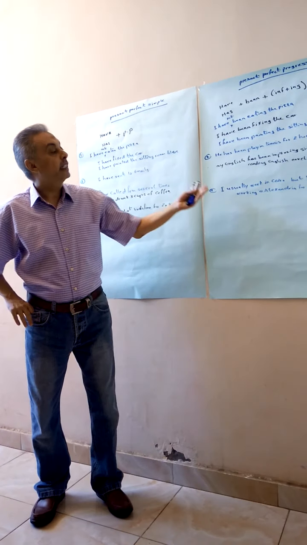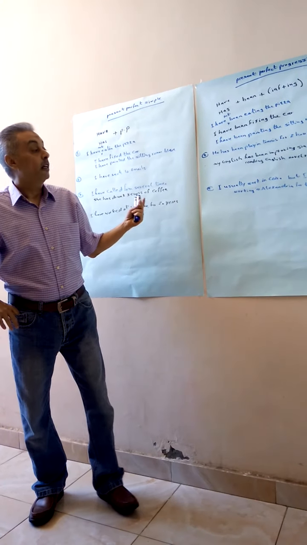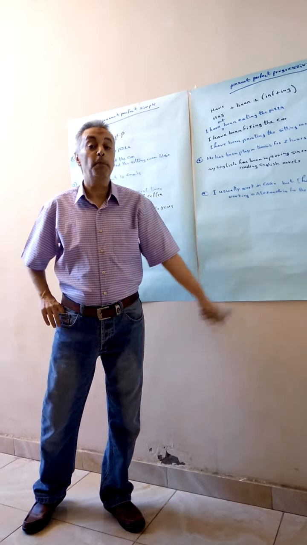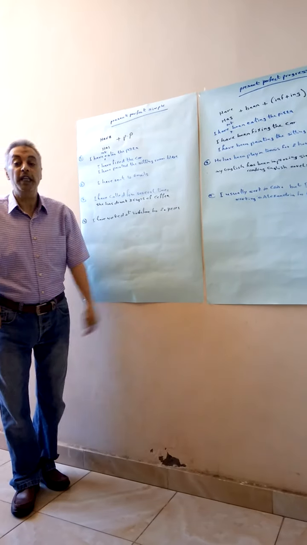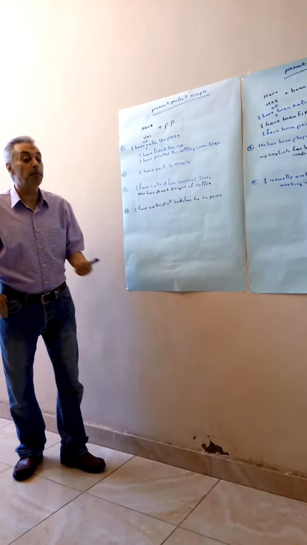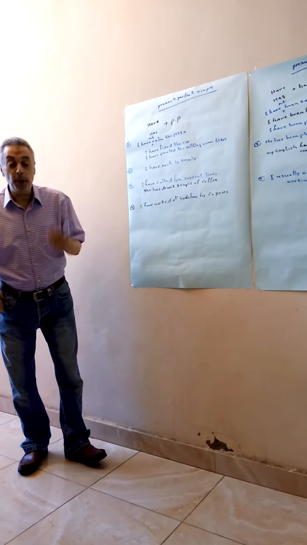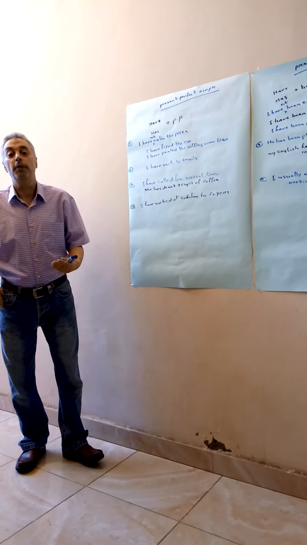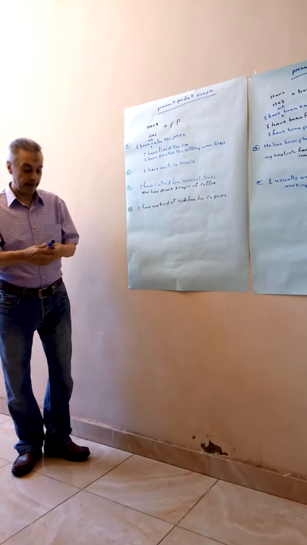I usually study at home, but I have been studying in the library for the last 2 weeks. Studying in the library is not permanent, it's temporary, because I usually study at home.